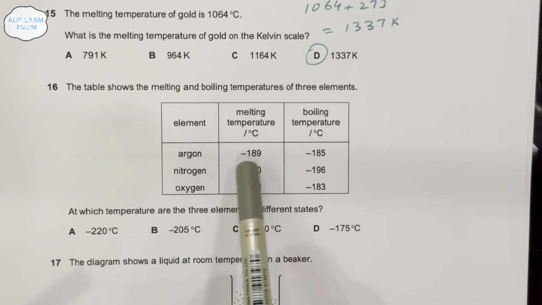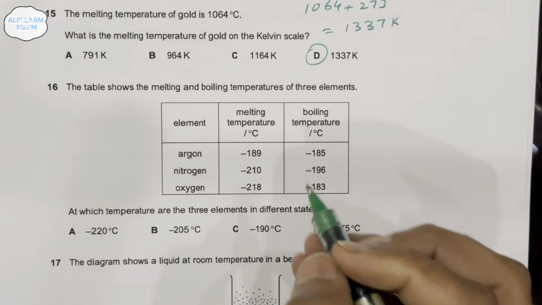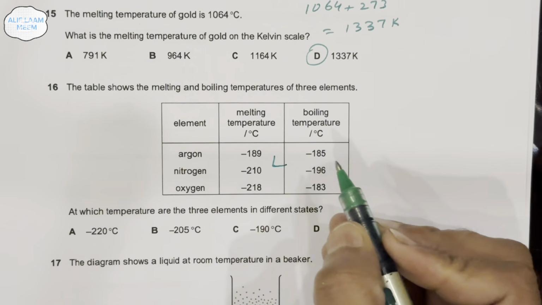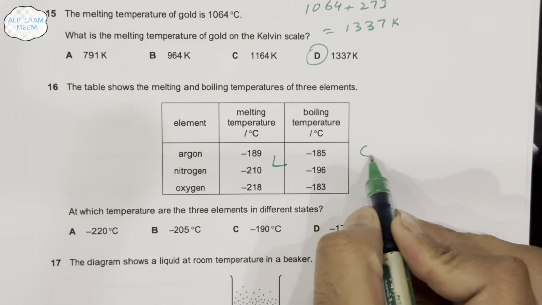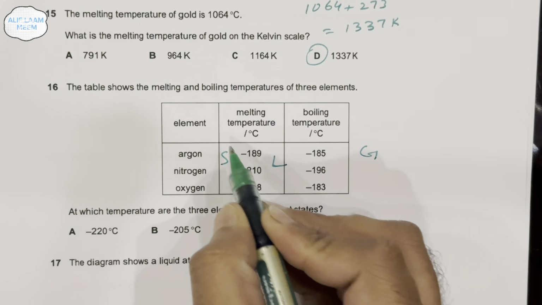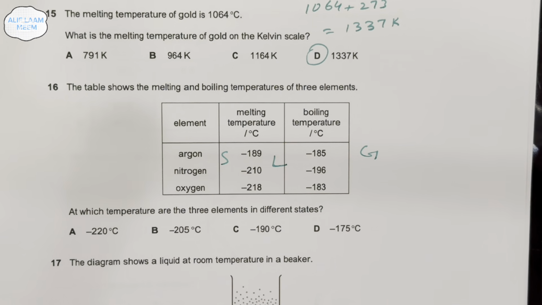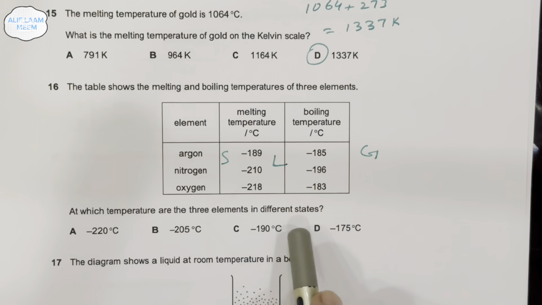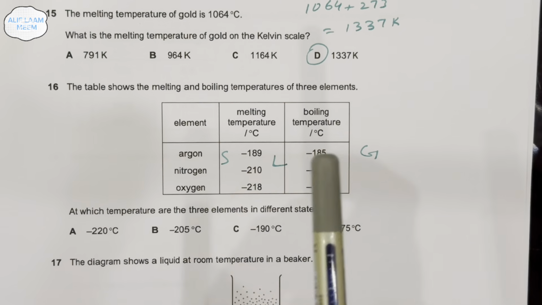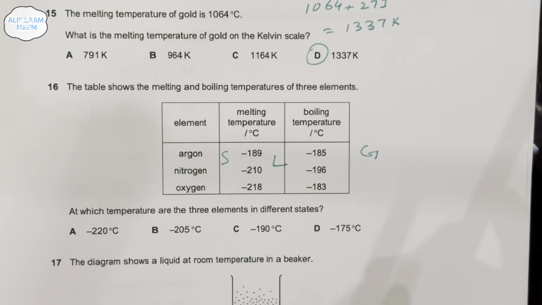And between the melting and boiling point, the object is in the liquid state. So over here it would be liquid, over here it would be gaseous, and over here it would be solid. Okay, at which temperature are the three elements in different states? So one should be solid, one should be liquid, and one should be in the state of gas.